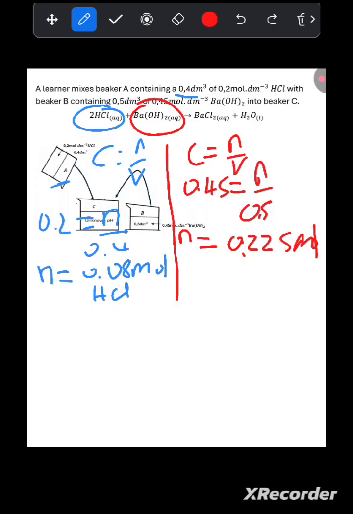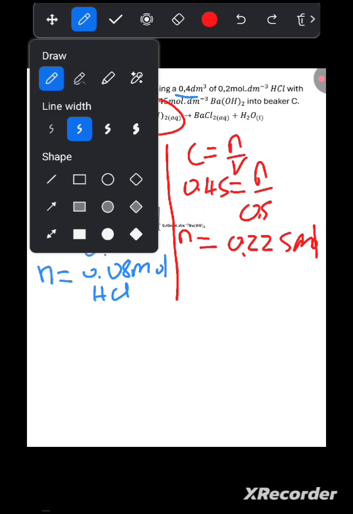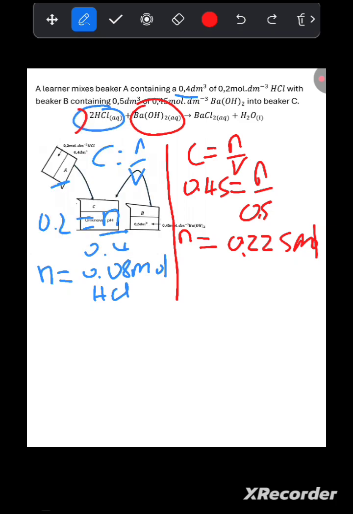Right, so then we divide now. After getting number of moles, you go and find the limiting reagent. For the limiting reagent you divide by the coefficient. The coefficient of HCl is 2.